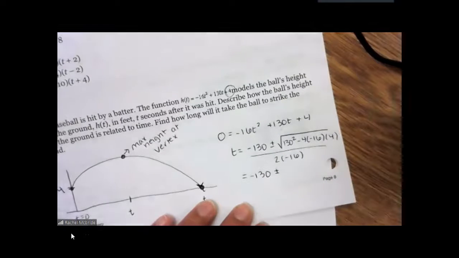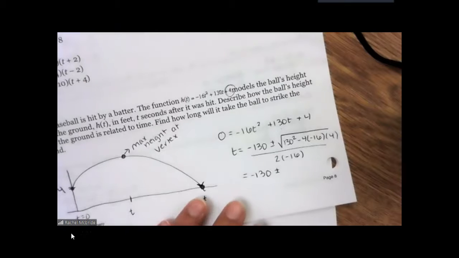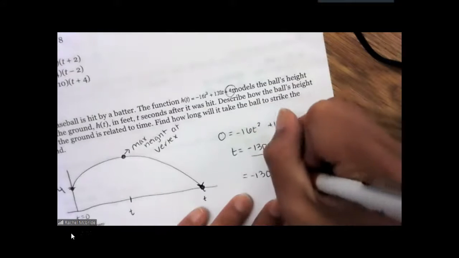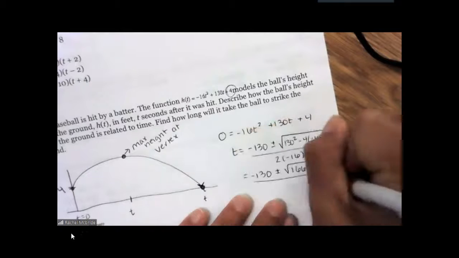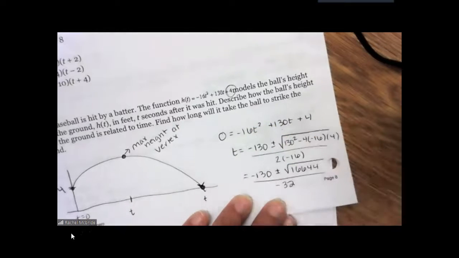So 130 squared is 16,900. And then what we're doing is subtracting from that 4 times negative 16 times 4. So you get 16,644, divided by negative 32.